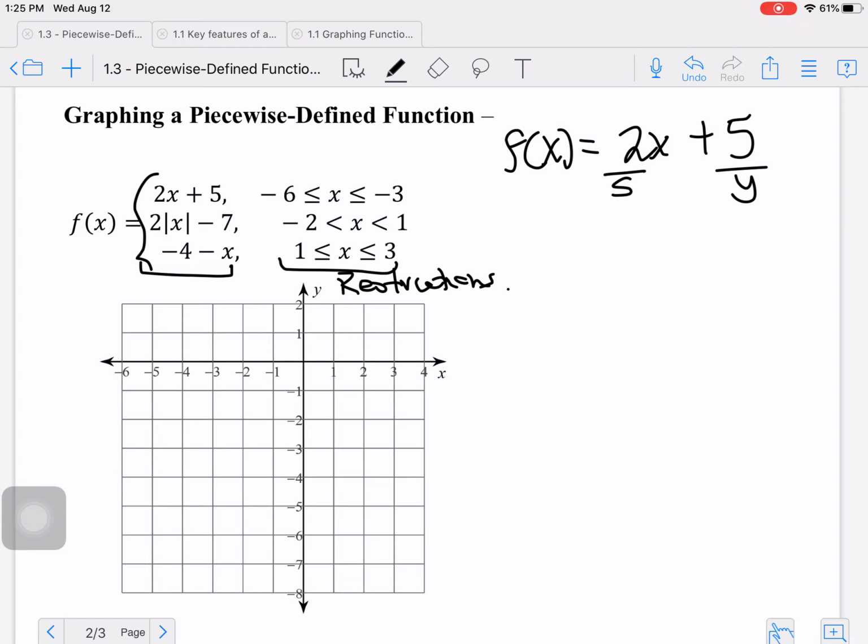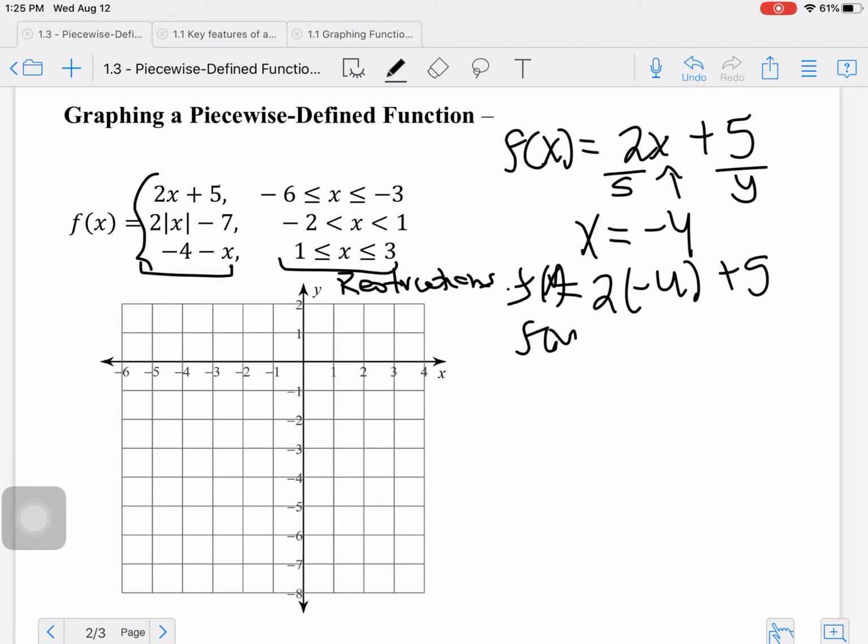Well, remember, a function is an input and an output, so you can pretty much pick whatever input you want. I'm going to pick an input that is in between -6 and -3. So I'm going to pick -4. I'm going to let x equal -4 and plug it in. So now I have 2 times -4 plus 5, right?